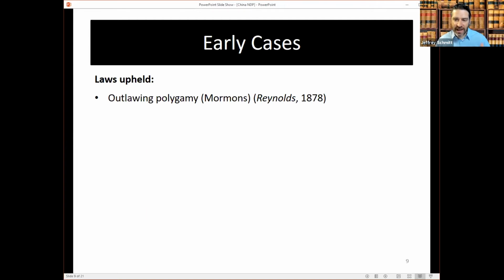The Supreme Court upheld those laws, saying that because it was a neutral law, a law that outlawed polygamy, marrying more than one person, which was a tenet of the Mormon religion but of course against the traditional Christian religions, the purpose is not to target religion and there's no problem.